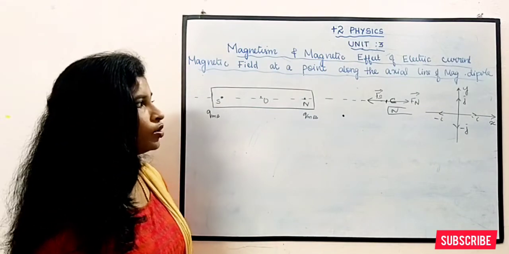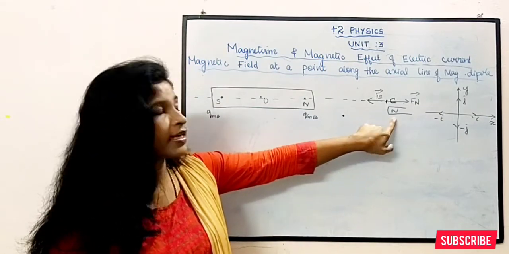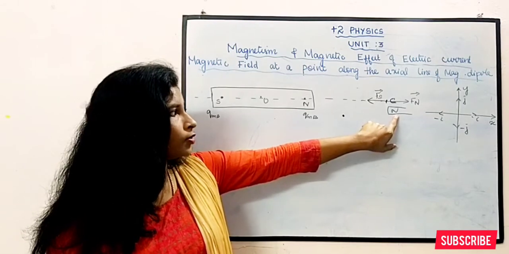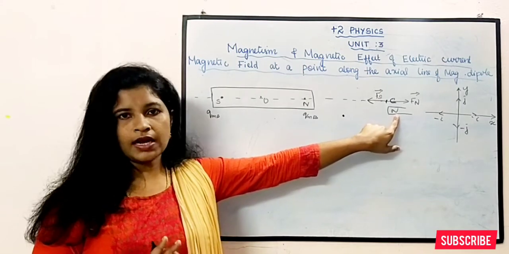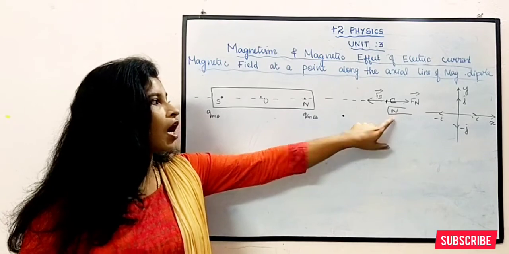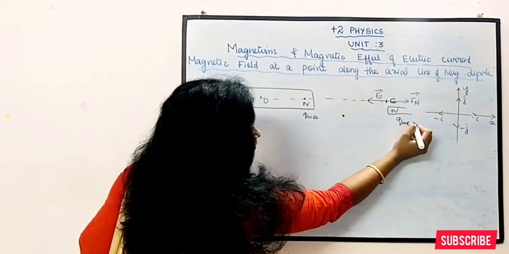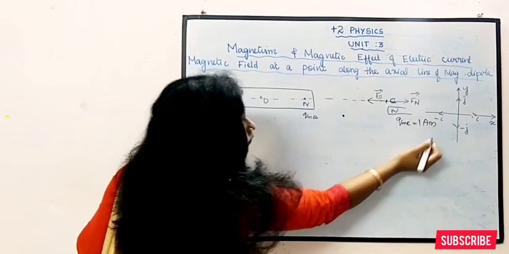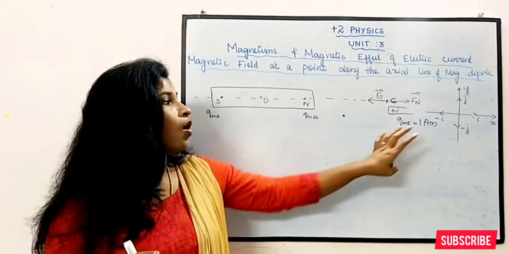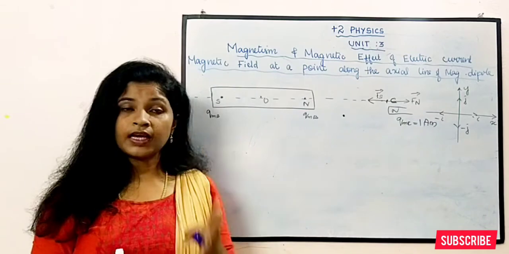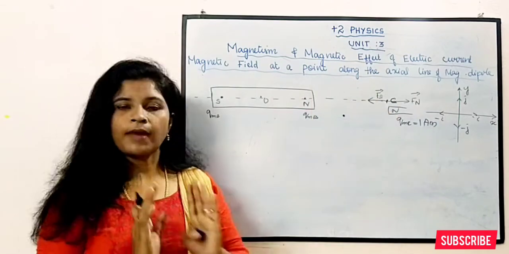The same thing we are going to do here. So I am placing a bar magnet whose north pole is facing this side. This north pole has pole strength QMC, a unit pole strength, whose value is 1 ampere meter.